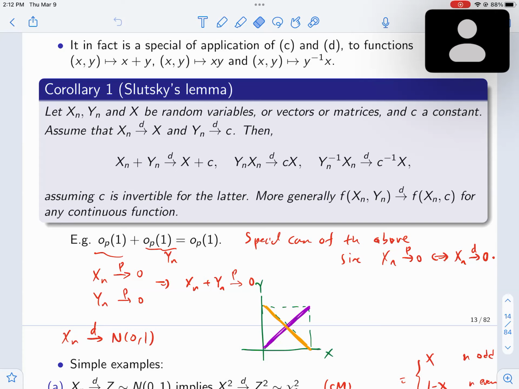Yeah. So why is that? The question is, if I multiply both sides by o_P(1), is this going to be true? Otherwise, can we justify that?